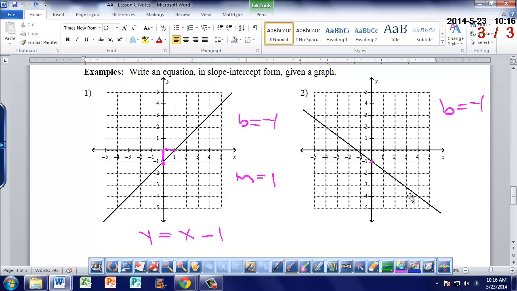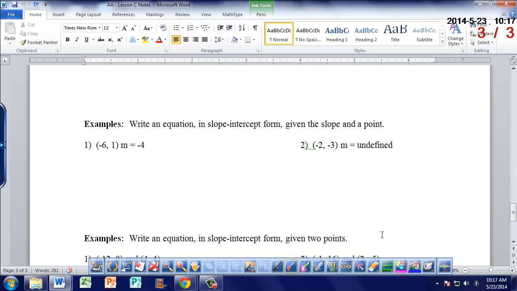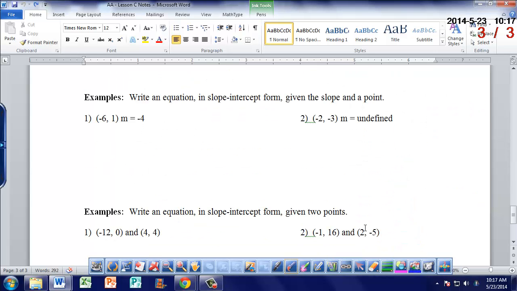It looks like this one's good. So my slope is going to be down 1, 2, 3. That's -3. And then right 1, 2, 3, 4. So that's a +4. Plug these in. We get y equals -3/4 x minus 1. Pretty simple, right?